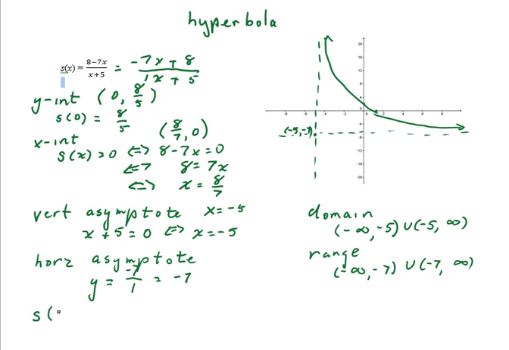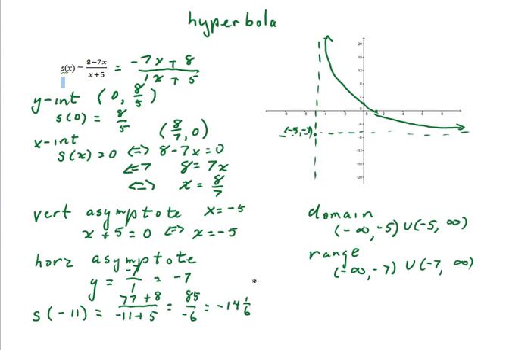So let's look at S of -11, 6 units to the left of that asymptote because the intercept was 6 units to the right, more or less. S of -11, that's 6 units smaller than -5, I get -7 times -11 is 77 plus 8, all over -11 plus 5, which gives me 85 divided by -6, and this gives me -14 and 1/6.